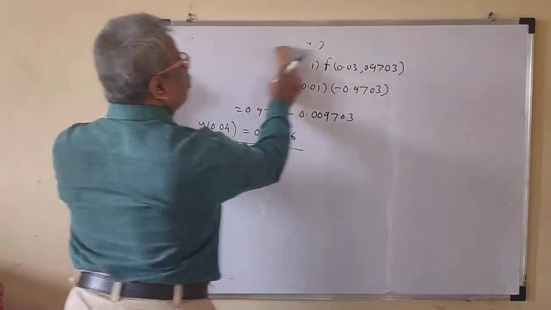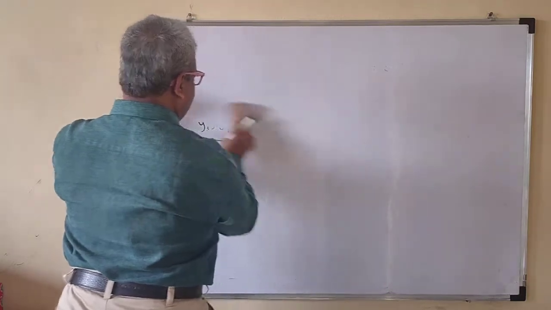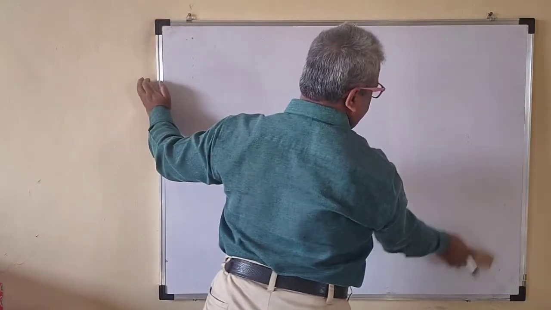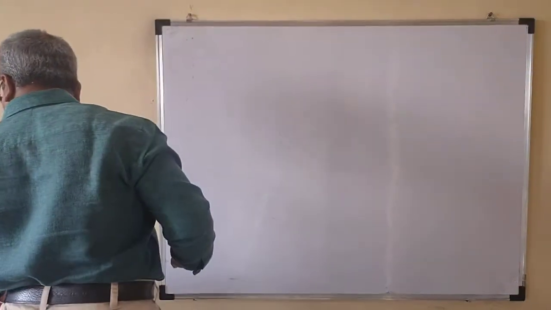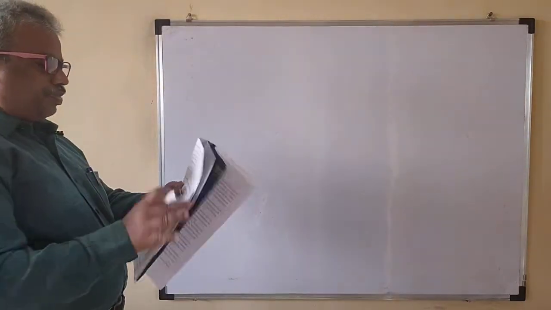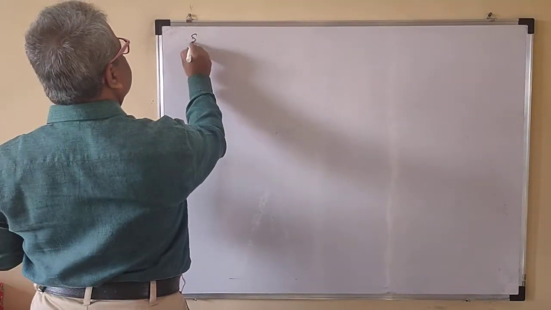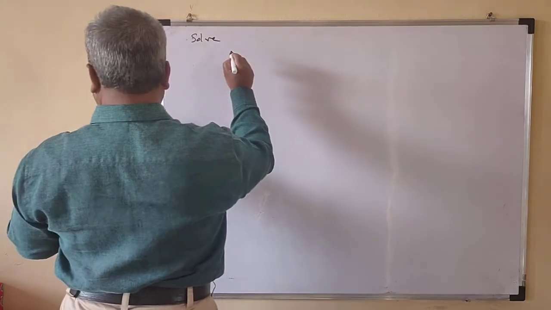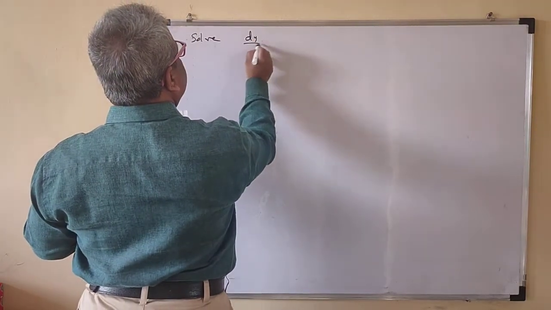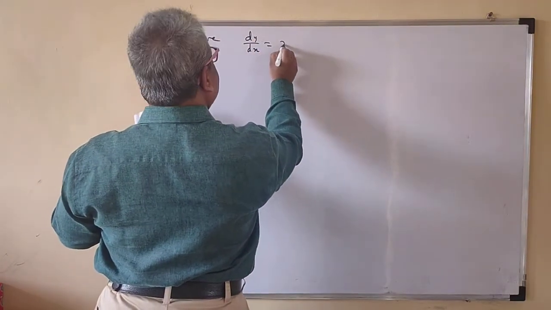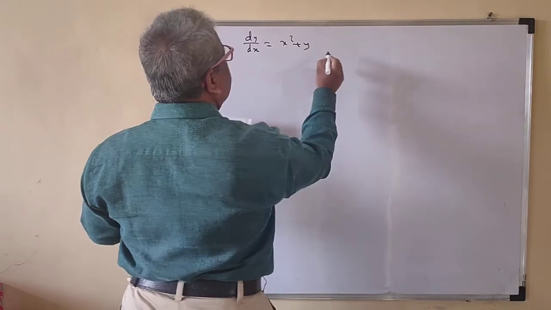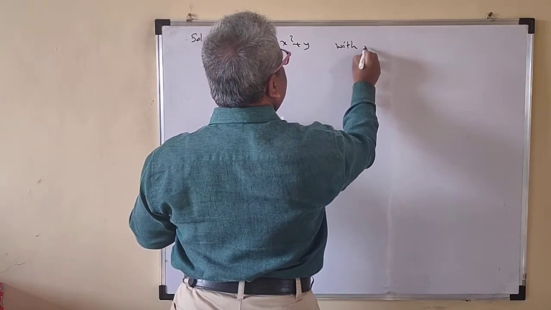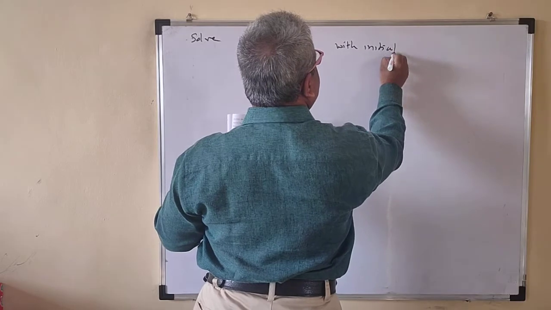Okay. So we will do another problem so that the idea will be clear to you. Okay. So we solve one more problem. Solve dy by dx equals x square plus y with initial condition.